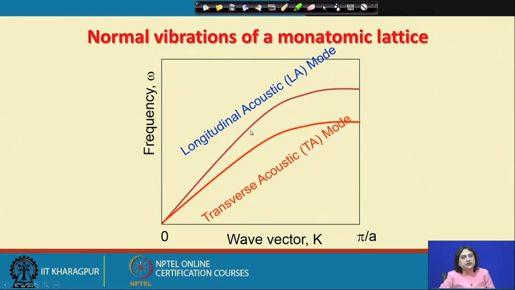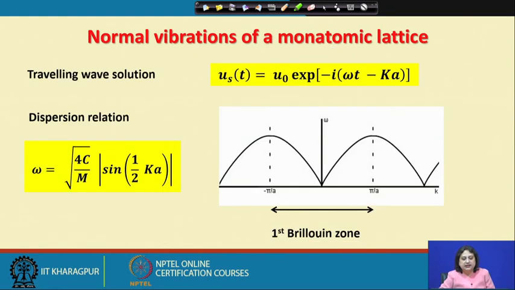If you look at the overall different modes, like the longitudinal modes and transverse modes, you see that there is 1 longitudinal and 2 transverse modes. But as you see here, I am calling them acoustic modes. That is simply because in the limit where omega is proportional to k, you see essentially the sound waves propagating through the medium because of the vibrations that are excited.